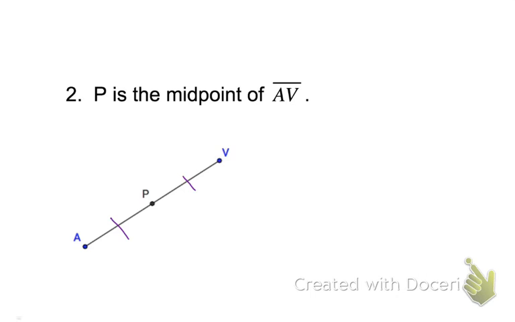That shows that those two segments are congruent. Then we're going to write it out with symbols. AP is congruent to segment PV. Remember to put that segment line on top of the segment to show that it's a segment.